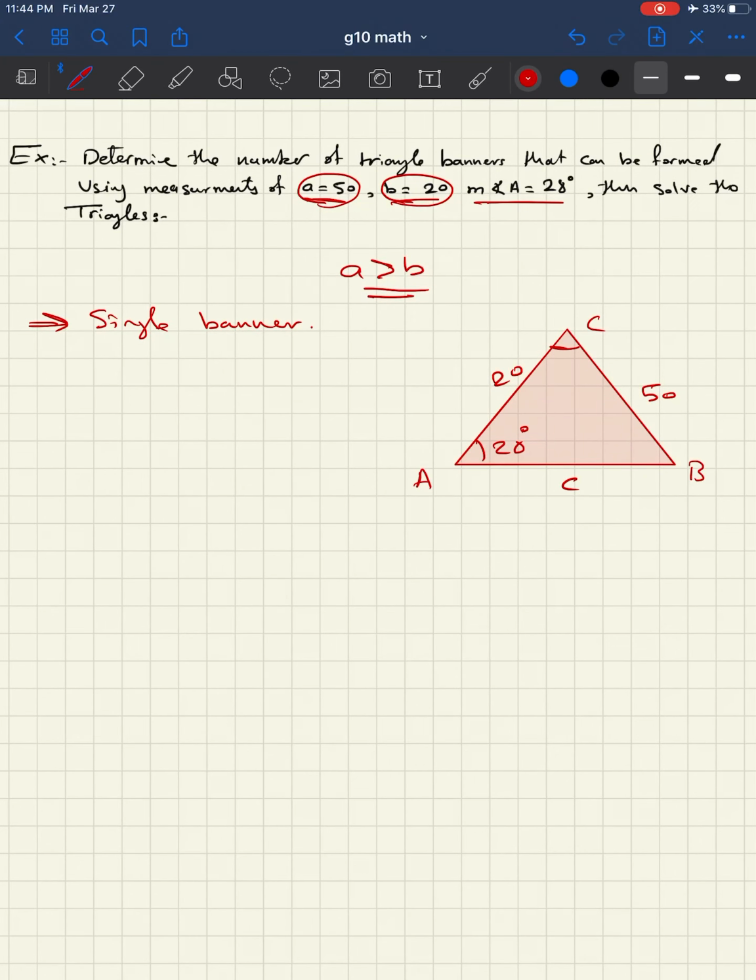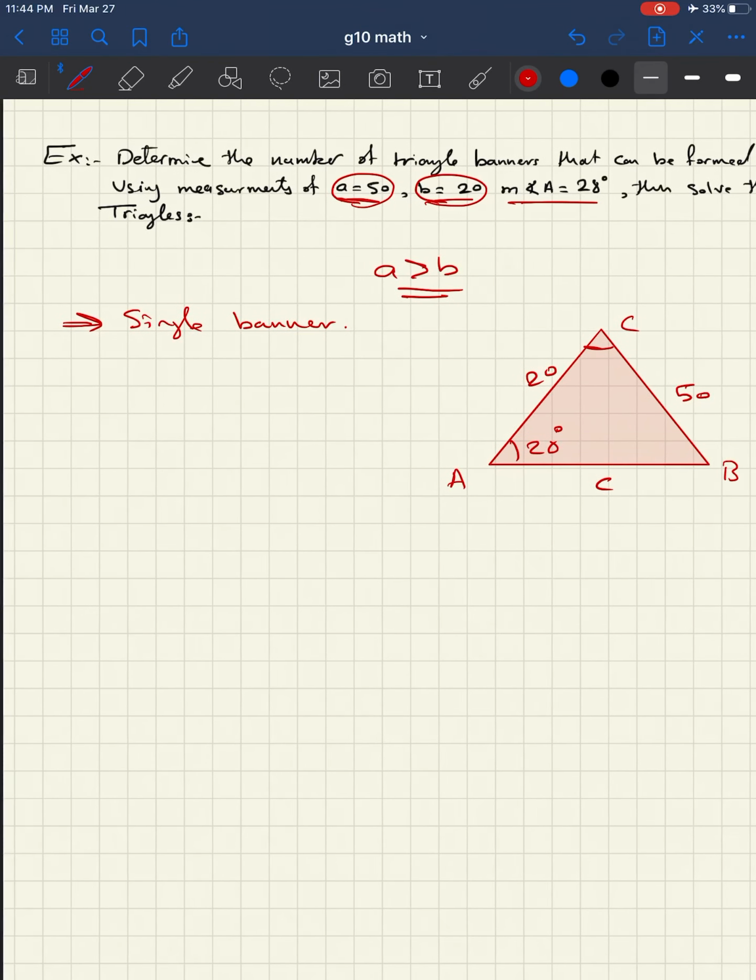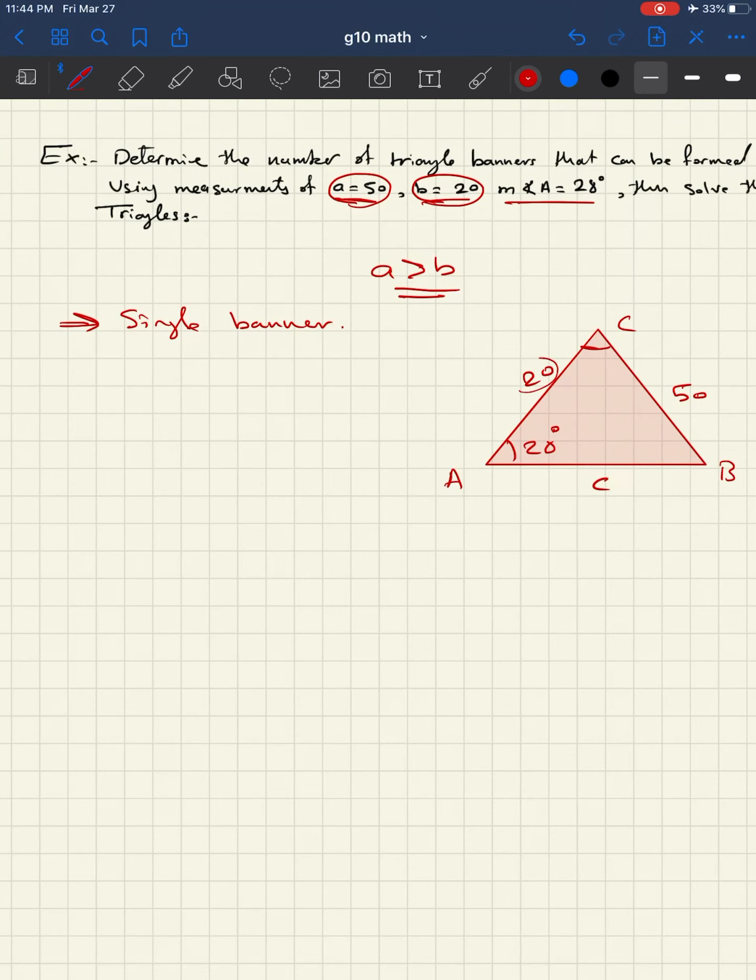Let's try to calculate angle B, for example, because I know the side opposite to it, so I can find the measure of the angle. I'll write the sine formula because I know A and its opposite side: sine of A over A equals sine of B over B. So sine of 28 over 50 equals sine of B, which I don't know, over 20.